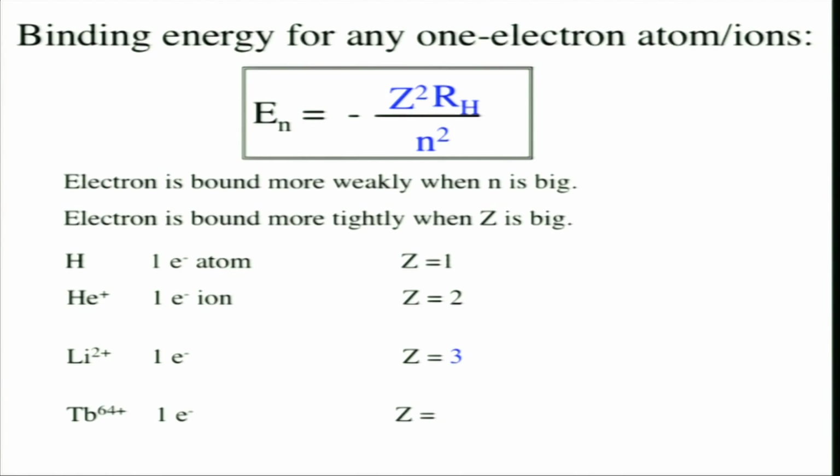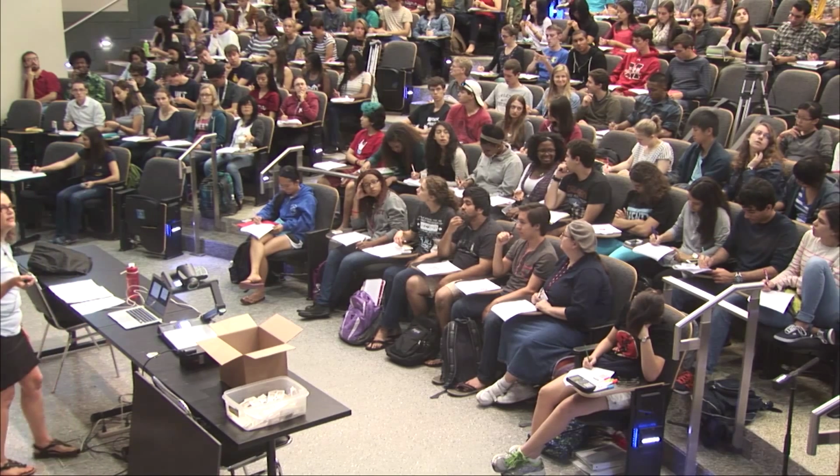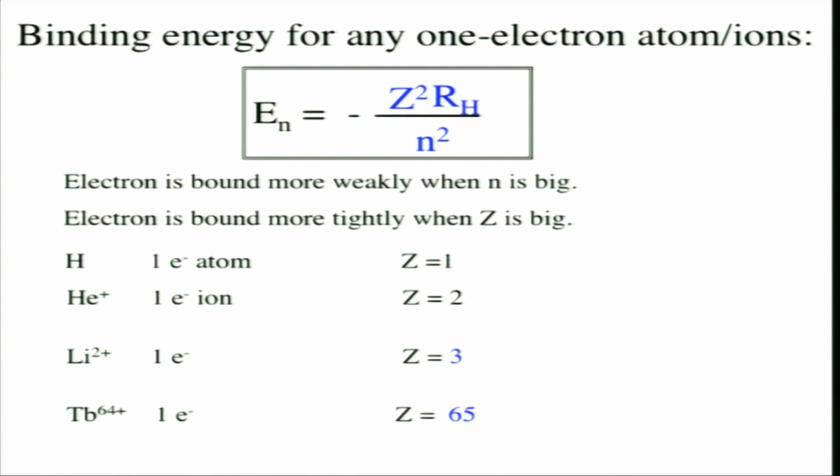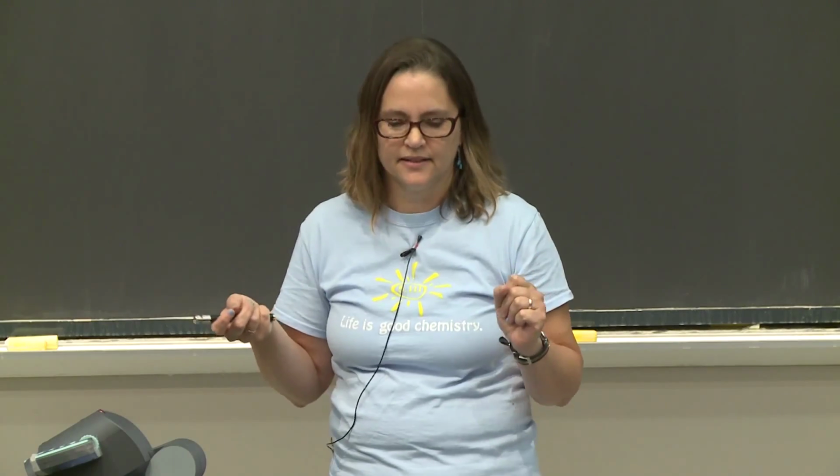Without looking at your periodic table, what does the Z have to be here? Yeah, so 65. So in working these kinds of problems, if you're talking about a 1 electron ion or atom and it's not hydrogen, don't forget about Z. We need to have that in our equation.